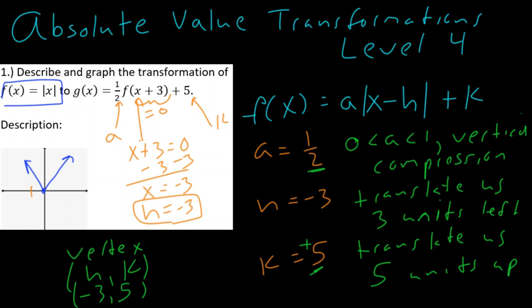So we're going to go to the left 1, 2, 3, and up 1, 2, 3, 4, 5. And here, since our slope is 1/2, we know we're going to go up 1 and to the right 2, and then up 1 and to the right 2 again, and we have this very wide graph.